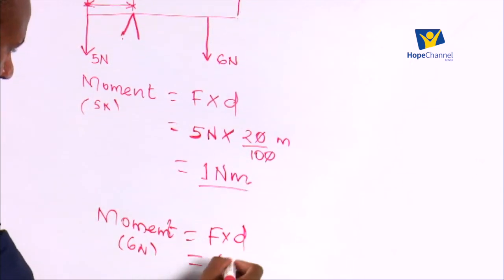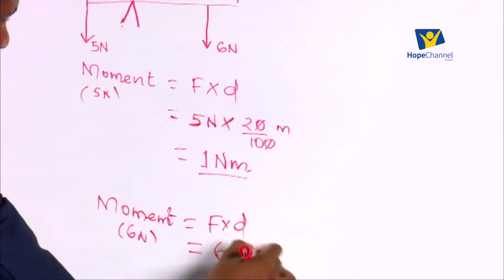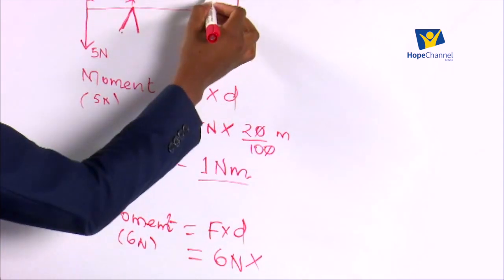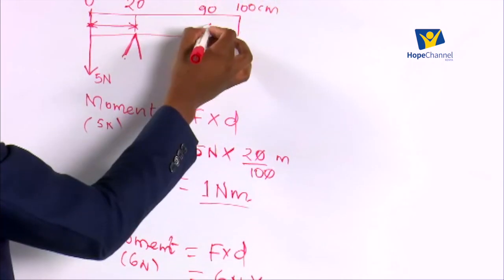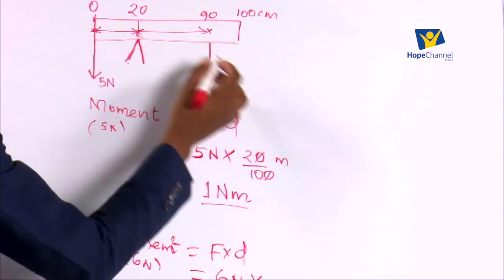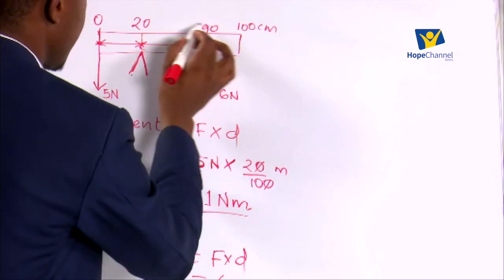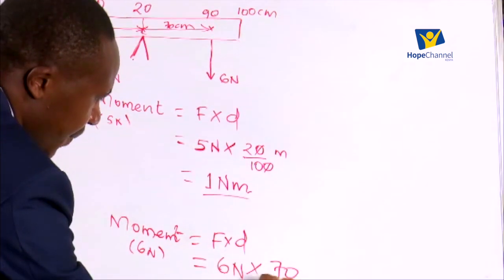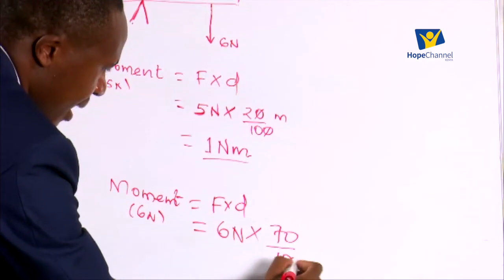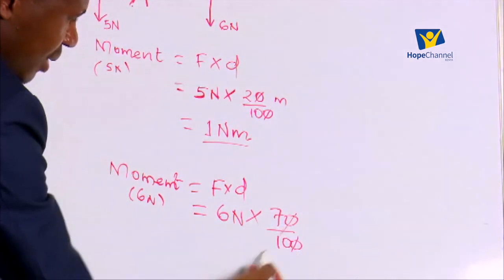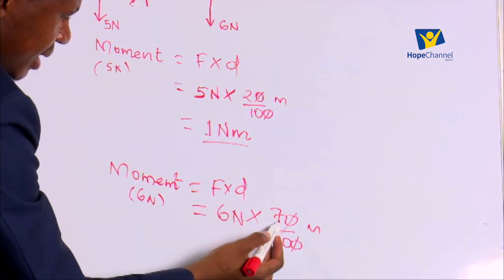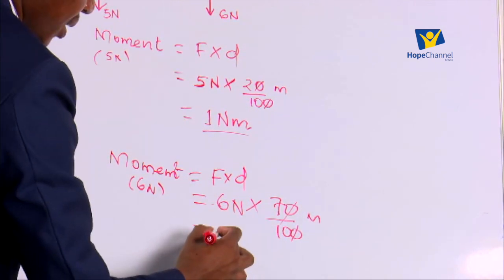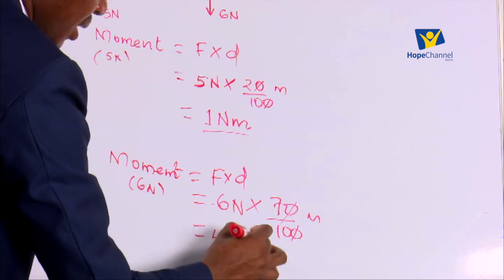The force is 6 newtons. The point of support is 20, and we are measuring all the way from 20 to 90. The distance will be 90 minus 20, which is 70 centimeters. We need it in meters, so divide by 100. This 0 cancels with that one, and then we have 6 times 7, which is 42. 42 divided by 10 is 4.2. So the moment is 4.2 Newton meters.